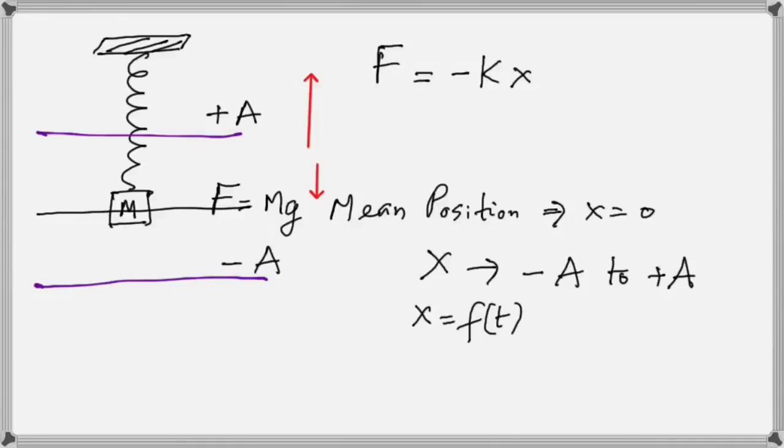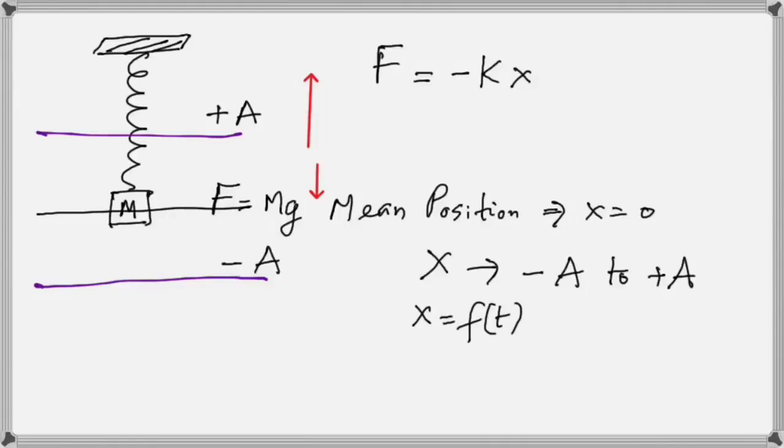Second definition is time period. Now what do you mean by time period? The time taken for one oscillation is the time period. What is one oscillation? Let me show you. If you start from the mean position and go up, that is 1/4 of an oscillation. Come back down, half. 3/4 of an oscillation, 1.